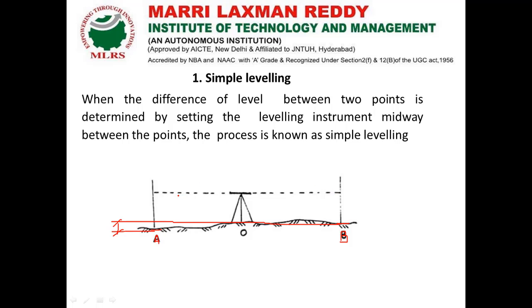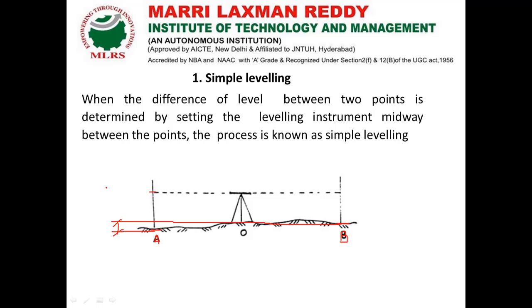Now it won't change anywhere. First we have to keep the leveling staff at point A and read the reading. I already said the leveling staff consists of 4 meter height and it has a reading of 5 mm.